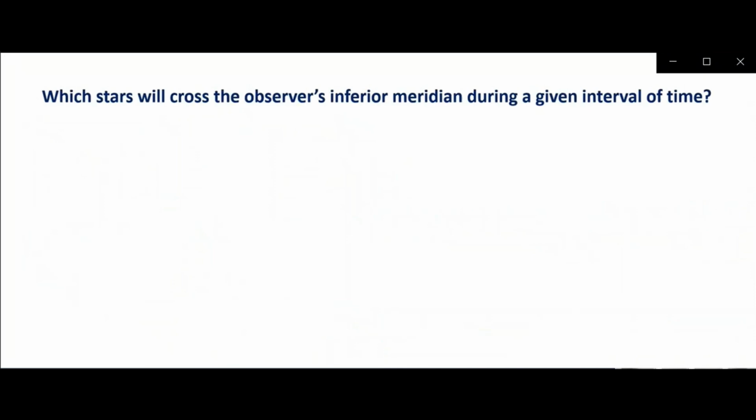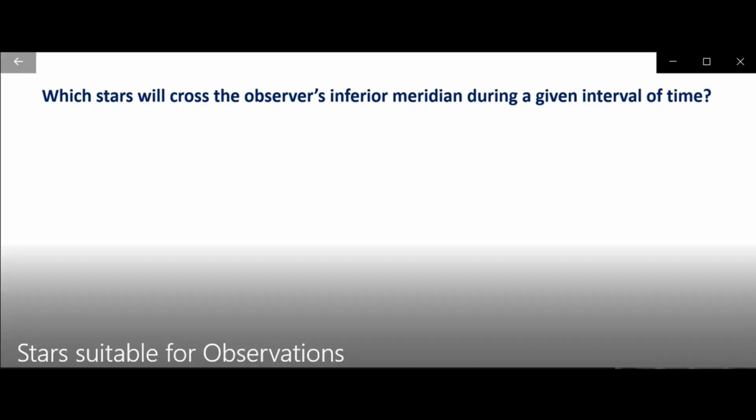Having found the stars and planets which shall cross the observer's meridian within a given interval, we could similarly be required to find the stars and planets that shall cross the observer's inferior meridian during the given interval.